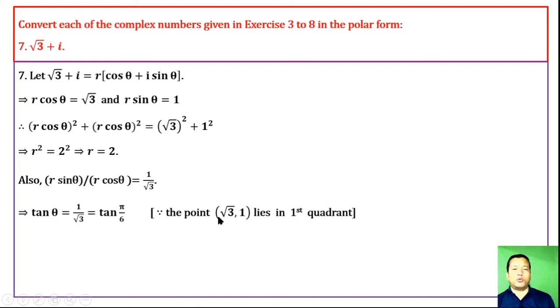The point root 3, 1 representing the complex number lies in the first quadrant, therefore 1 by root 3 is tan of pi by 6. That gives theta equal to pi by 6. Therefore, the given complex number root 3 plus i can be put in the form of 2 times of cos of pi by 6 plus i times of sine of pi by 6, which is the required polar form.